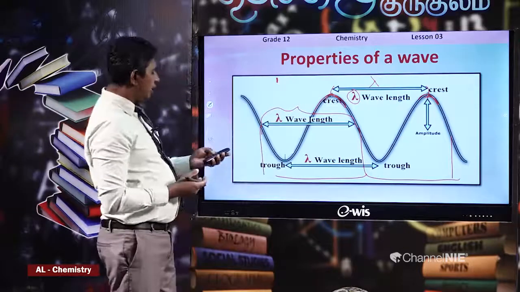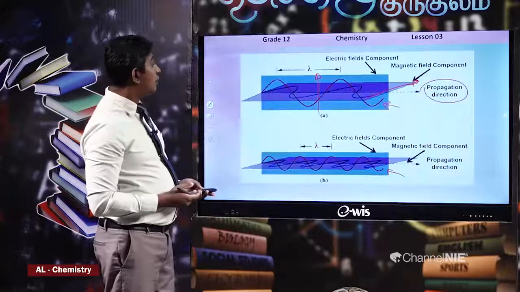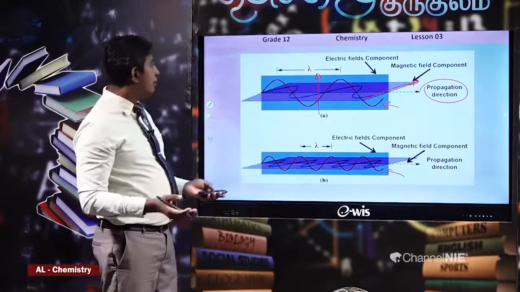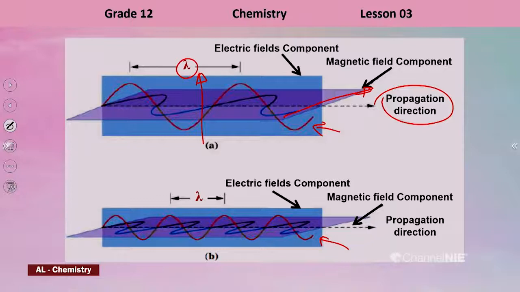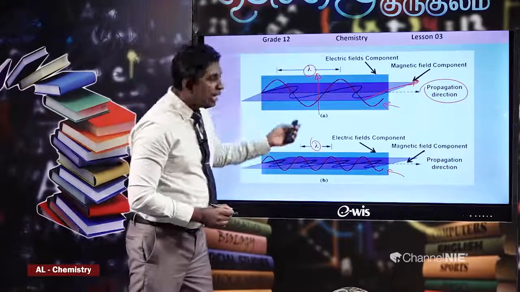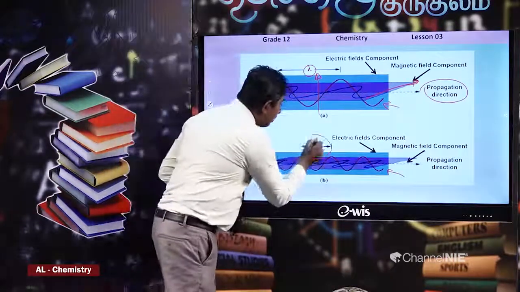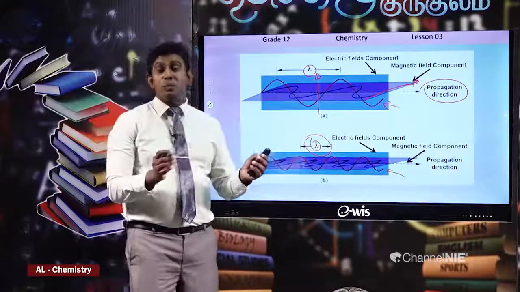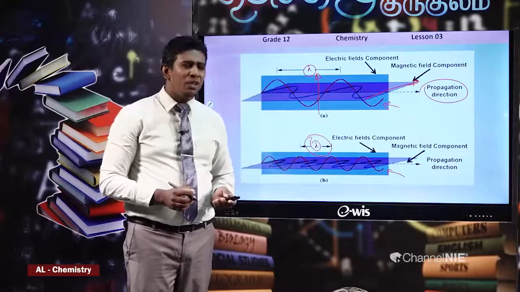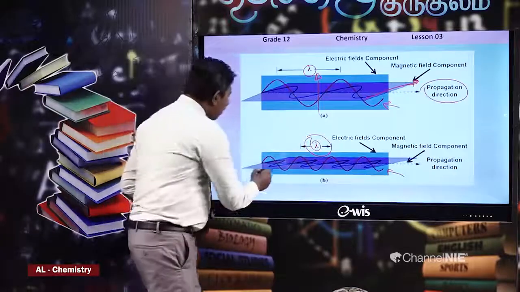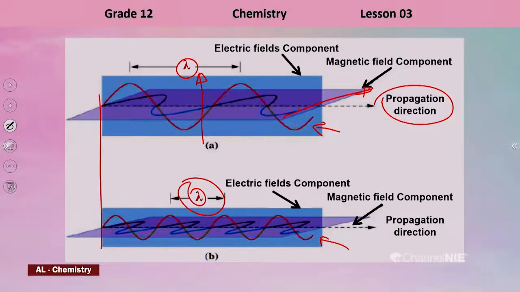Then students, these electromagnetic radiations also are types of waves. Therefore, this is the wavelength. Now you could see the difference between those two wavelengths. The lower wavelength is quite smaller than the above one. When you check for the number of waves within this length, you could find more here than here.